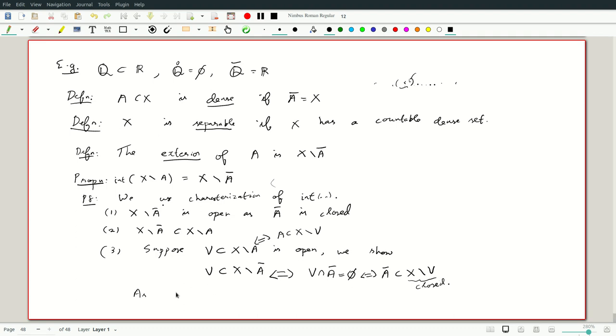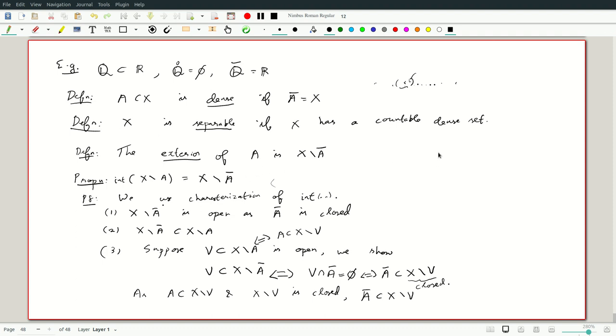So as A is contained in X minus V, and X minus V is closed, by the characterization of closed sets, A bar is also contained in X minus V. So any closed set that contains A contains the closure. X minus V is a closed set that contains A, so it also contains the closure. So this gives us a proof that the interior of the complement is the complement of the closure.